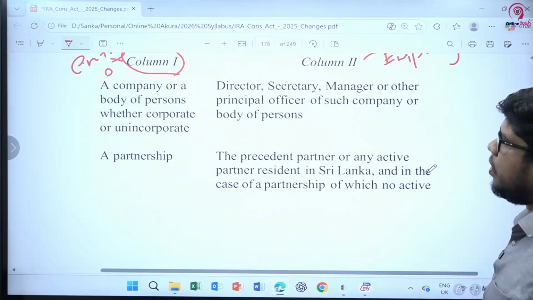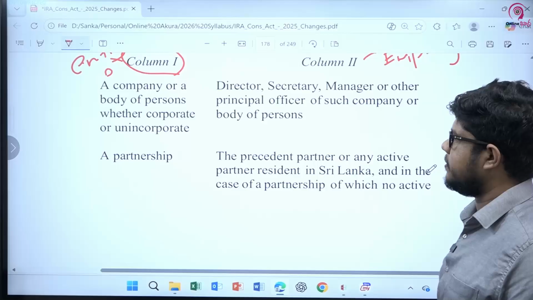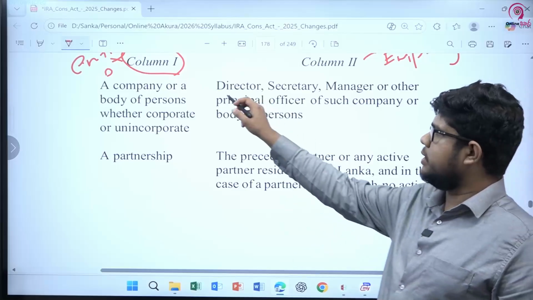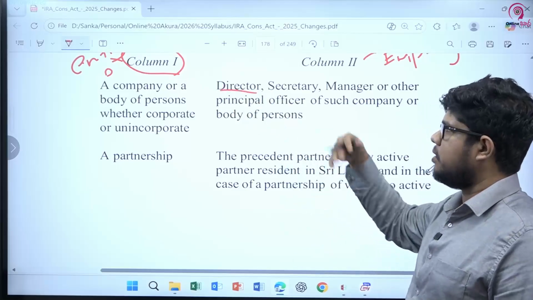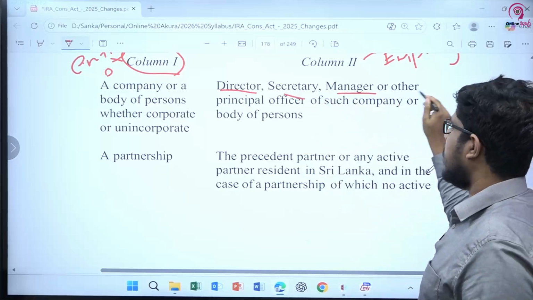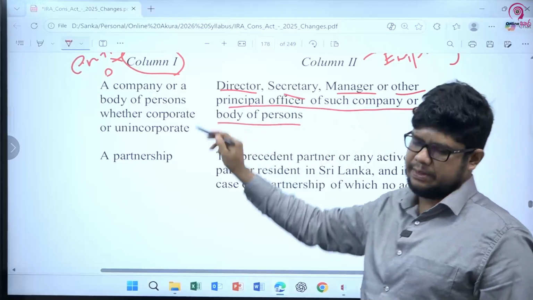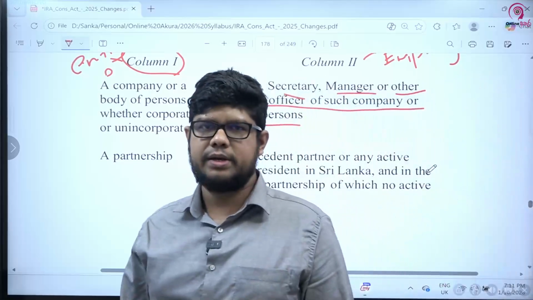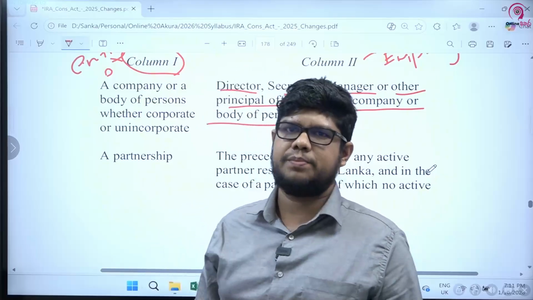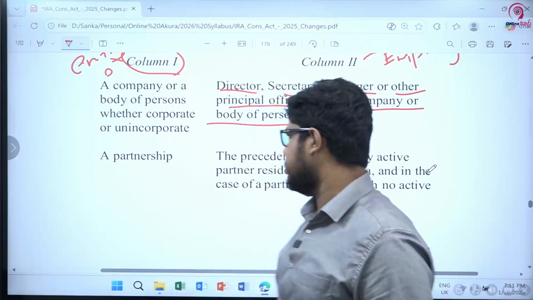A company or a body of persons, whether corporate or unincorporate. So employers are directors. In a company, the director will be the employer. A secretary, manager or other principal officer of such company or body of persons. Principal officer, right? It may be a director, it may be a secretary, or it may be a manager, whoever is the principal officer.